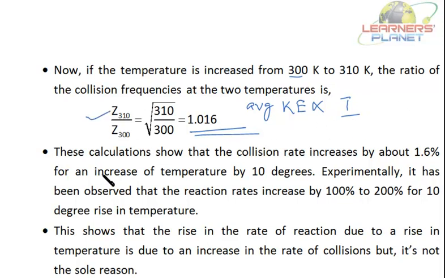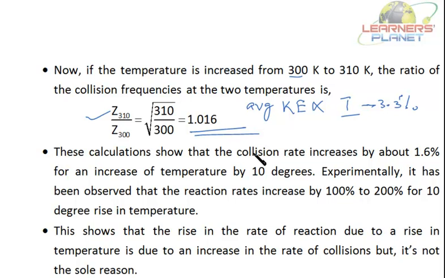This, we are talking about the collision frequency. See, the collision frequency is increased by 1.016. It is not doubled. So what should be the percentage increase? Now if I am taking the average kinetic energy also, then the average kinetic energy is increased by 3.3%.